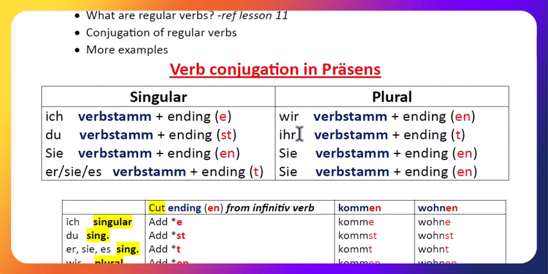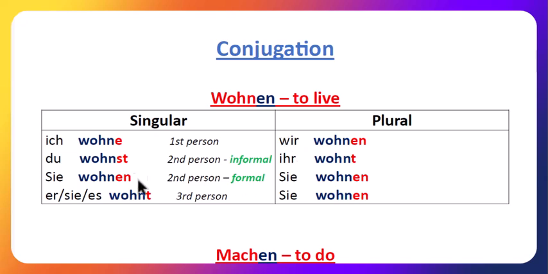According to this table, this is the conjugation we have. Ich ends with E, du ends with ST. See, the blue is the verb stem, then the red is the ending. These are the endings for the conjugation. This side is singular and this side is plural.